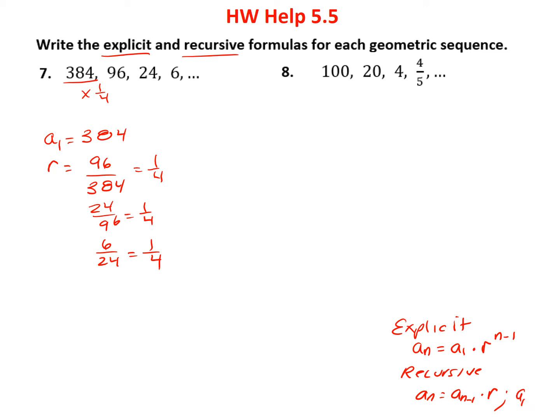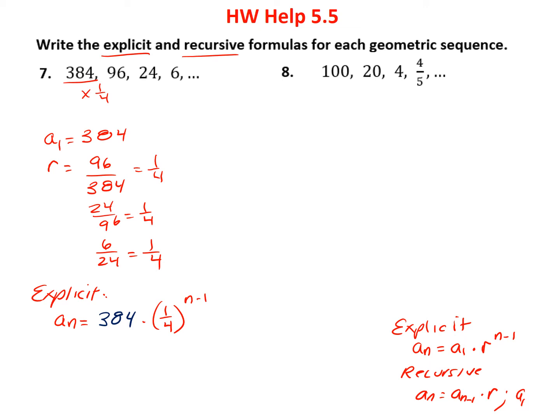So in our case here, our explicit term is going to be a sub n equals the first term, and our first term was 384, times the common ratio, 1/4, to the n minus 1 power.